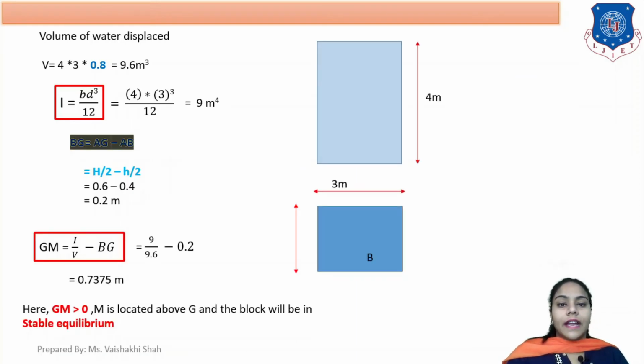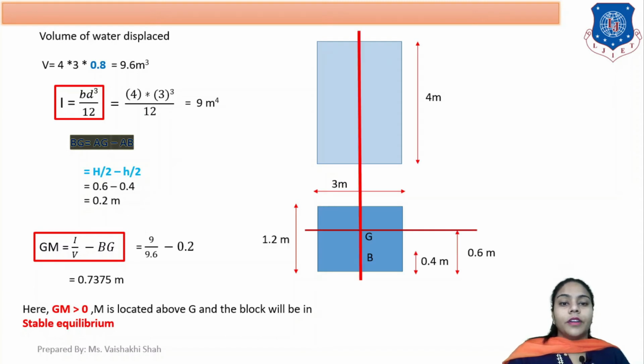Again this is your diagram, these are the points. Now we have to find the volume of water displaced, which is V. Remember that here we consider the submerged volume. What is the length of the body? 4 meter, width of body 3 meter, but the total height of the block is 1.2 meter and the immersed height of the block is 0.8 meter.